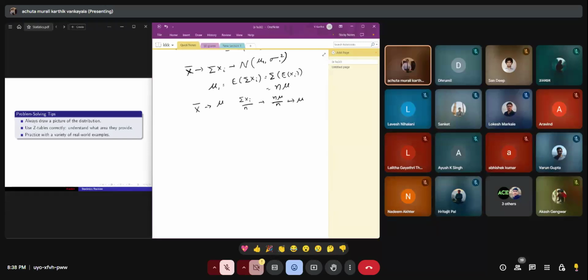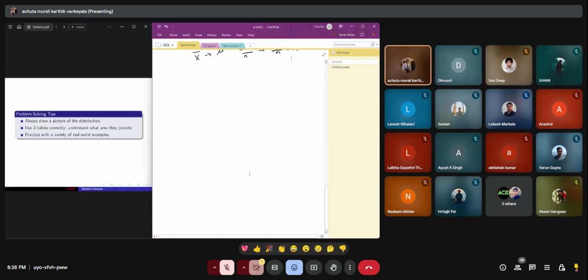If you take the variance of x bar, that is the variance of summation xi divided by n, right?